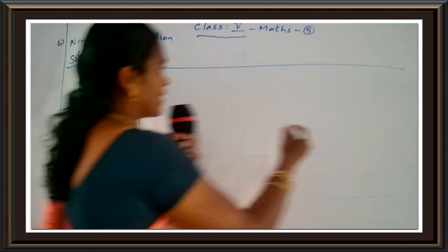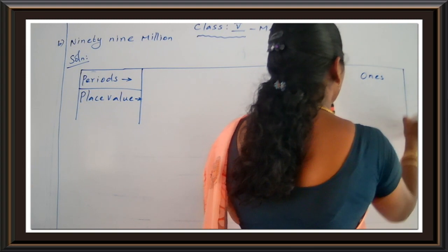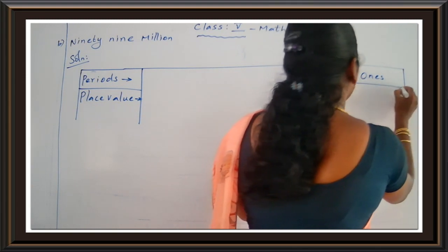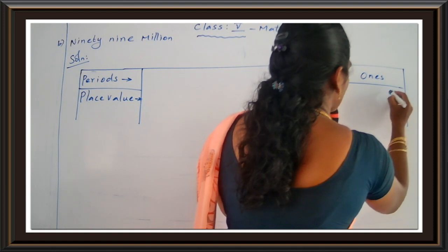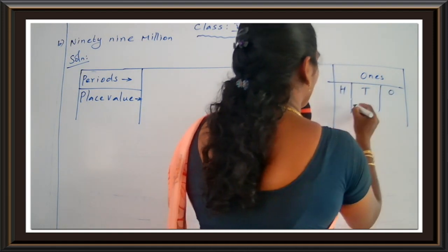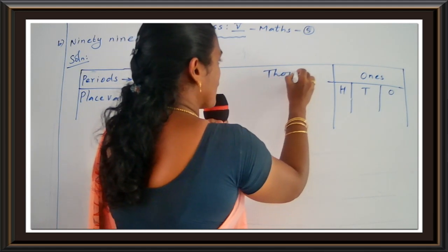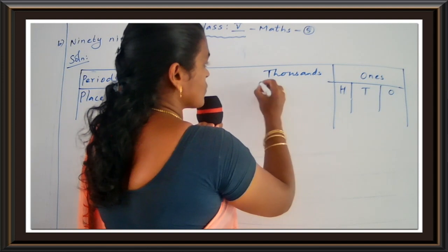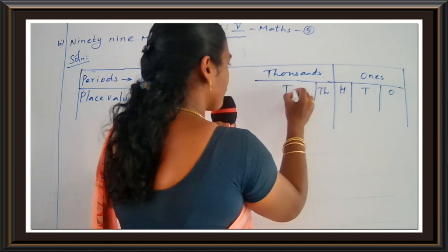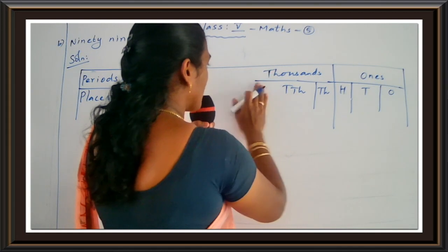First period, that is ones period: ones, tens, 100. Next is thousands period. Thousands period consists of 3 places, that is 1000, 10,000, 100,000.